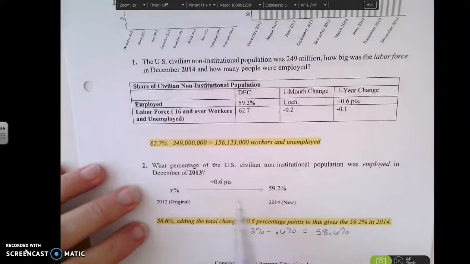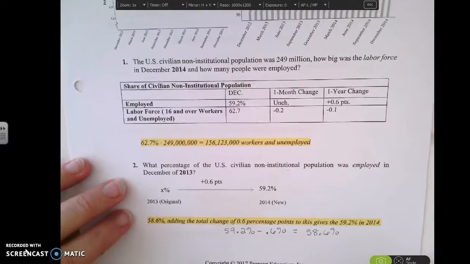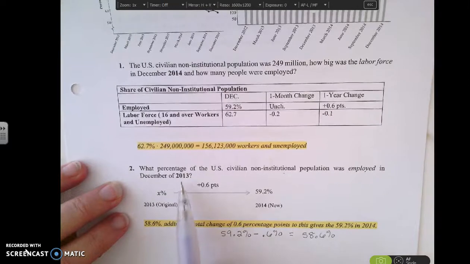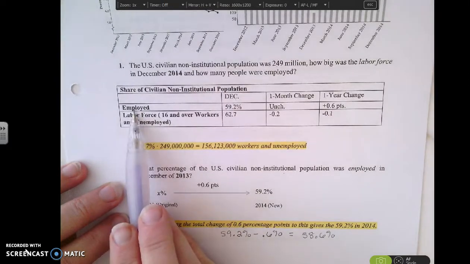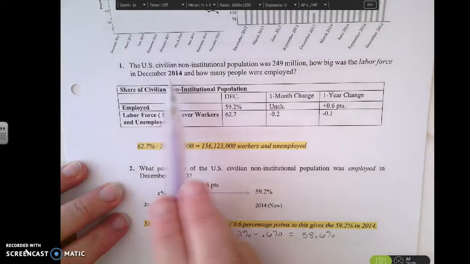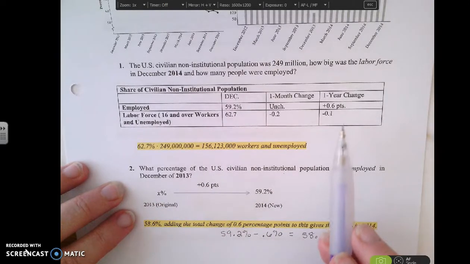Okay, the second one: what percentage of the U.S. civilian non-institutional population was employed in 2013? The employed are this first line, but they're asking for 2013, and this information is 2014. So we first have to figure out what the amount was in 2013.